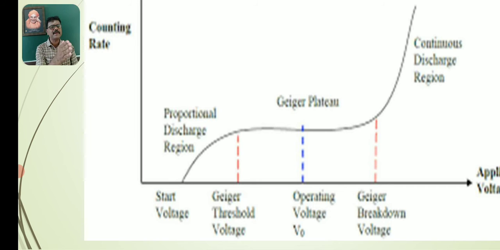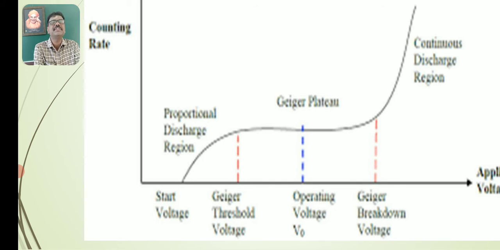That particular point, the corresponding applied voltage, is known as the Geiger breakdown voltage. After that, the counting rate increases in the so-called continuous discharge region.